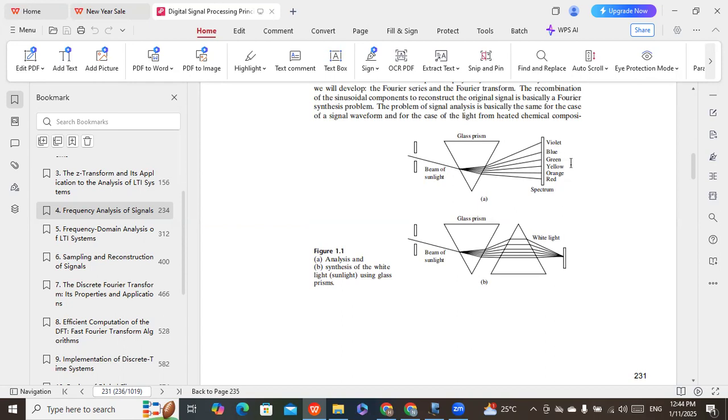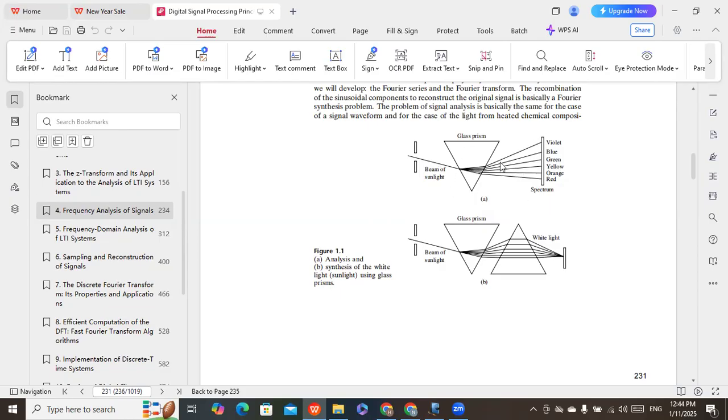Each color represents one specific frequency. These frequencies we can consider as harmonics. By adding these harmonics, we can create a white light.